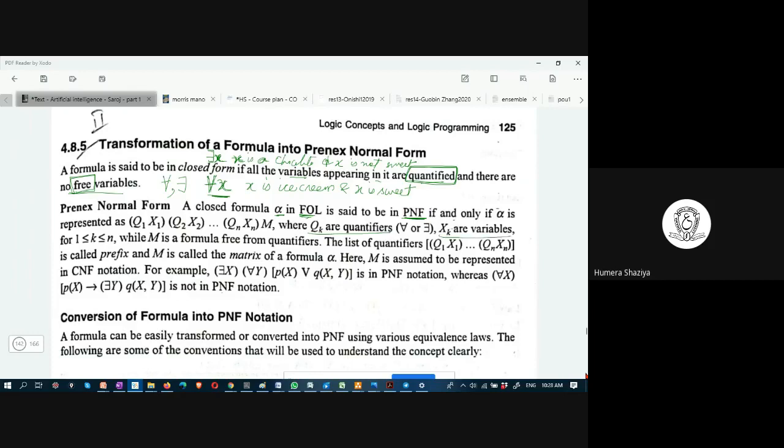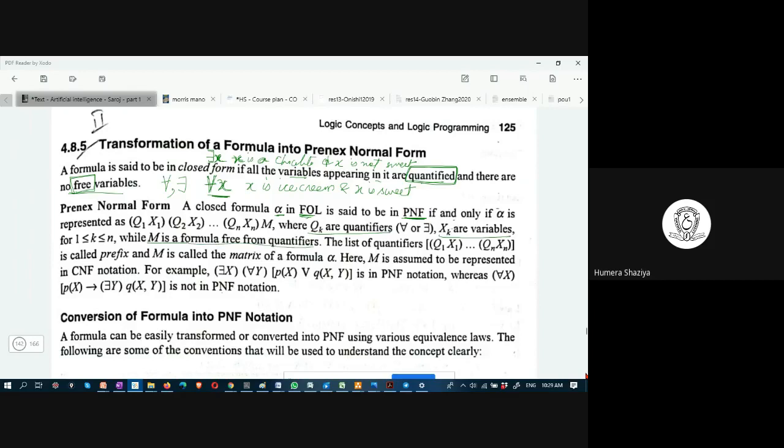With every variable, there must be a quantifier, for k greater than or equal to 1 and less than or equal to m, while M is a formula free from quantifiers.